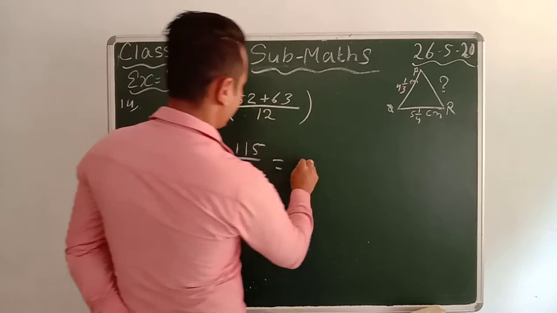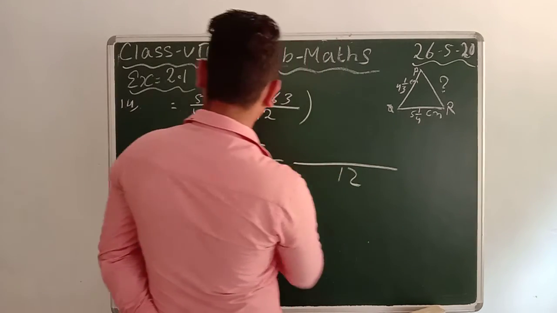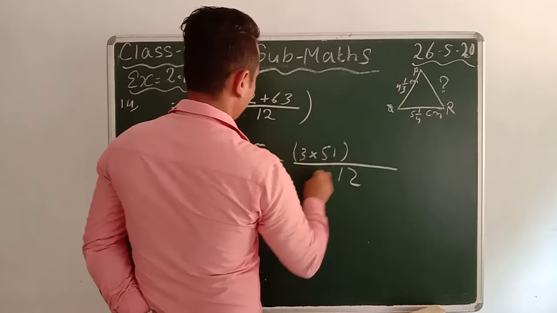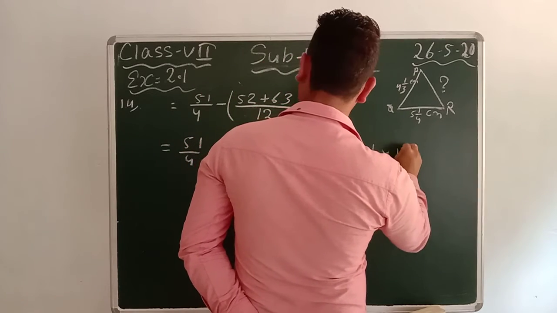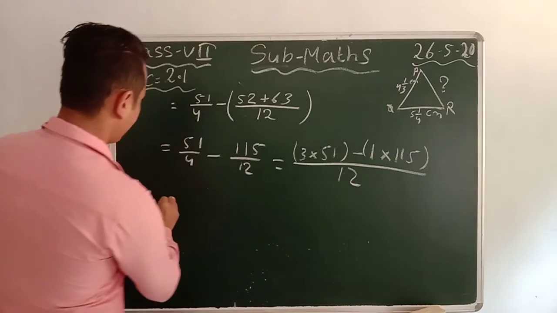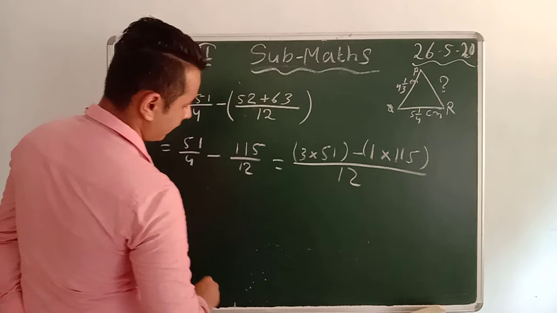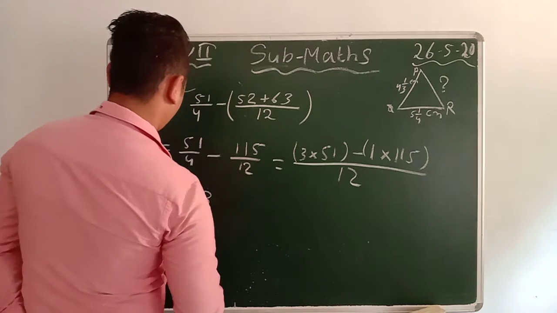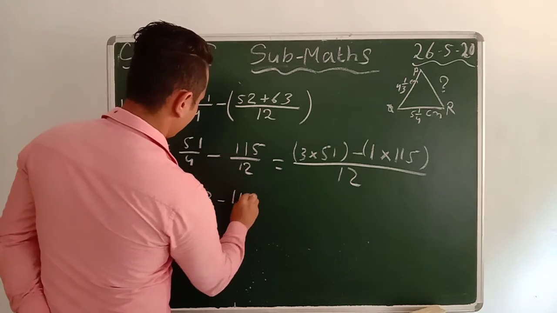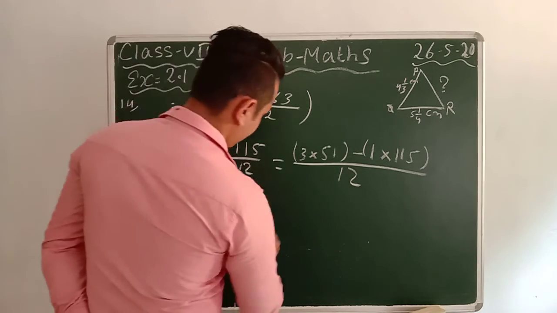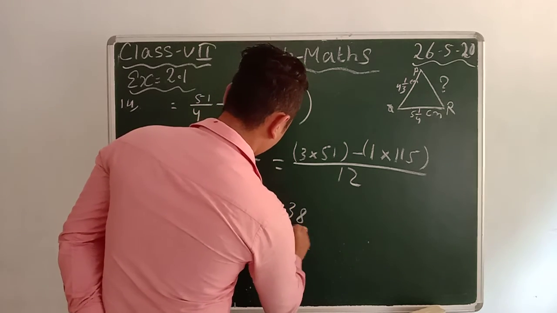Now LCM of 4 and 12 is 12. 4 3s are 12, so 3 into 51 minus 1 into 115, which is 3 into 51 is 153 minus 115 by 12, which is equal to 38 by 12.